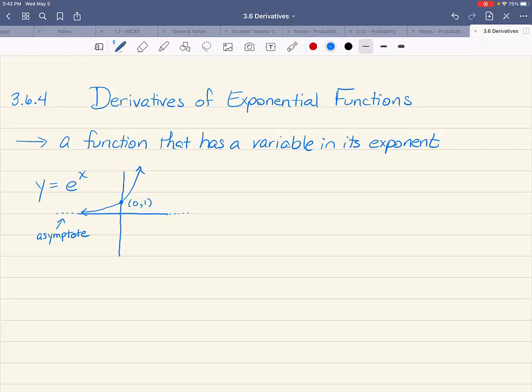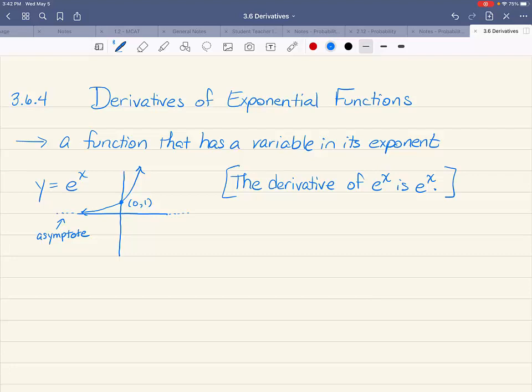Now, what makes this unique is the fact that the derivative of e to the x is e to the x. It is its own derivative. Now that's kind of a weird thing to think about. It is its own derivative.